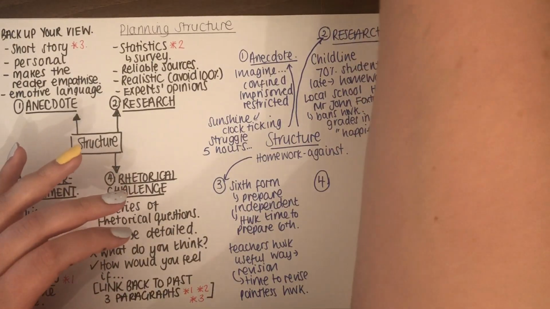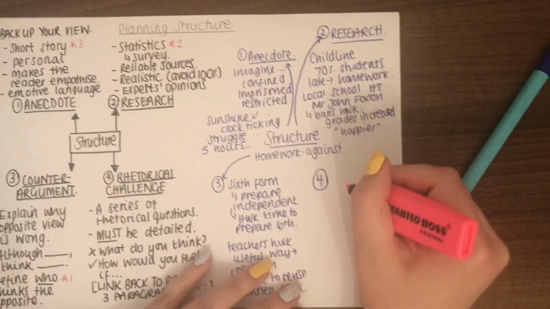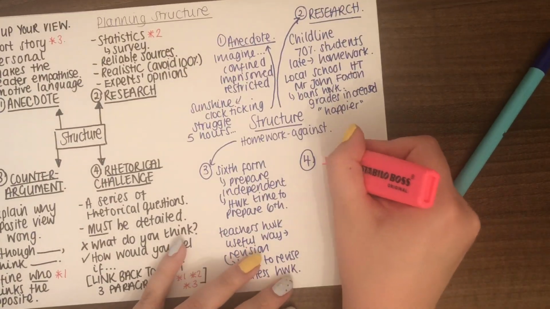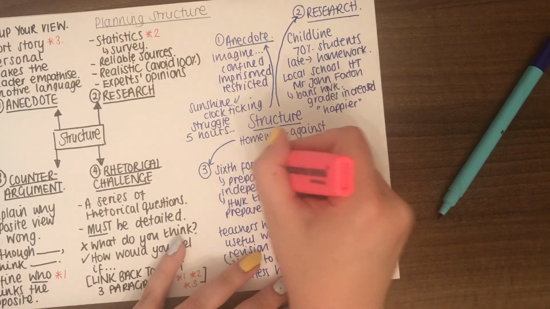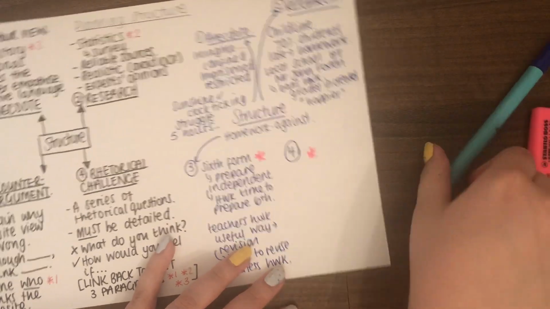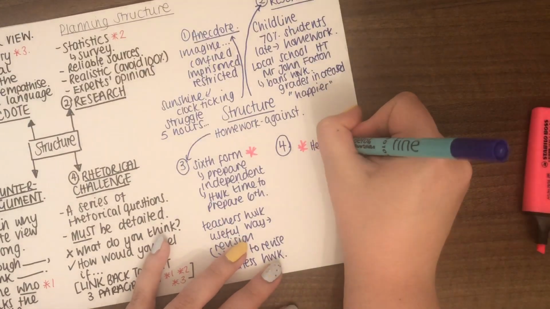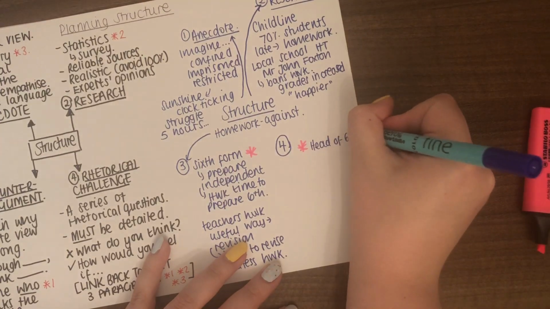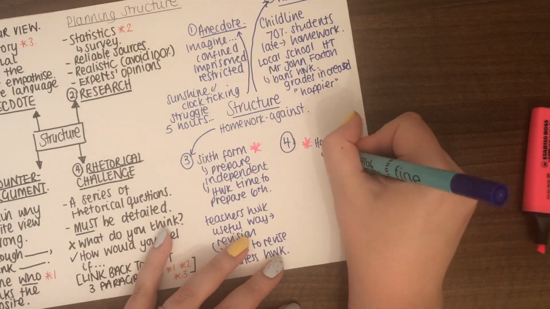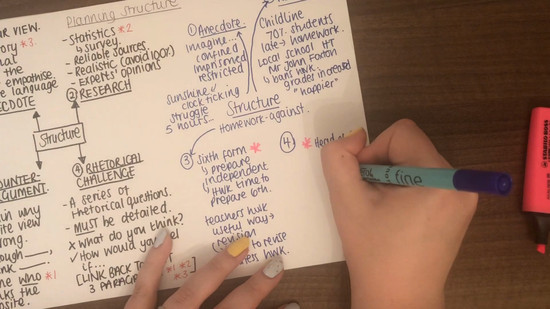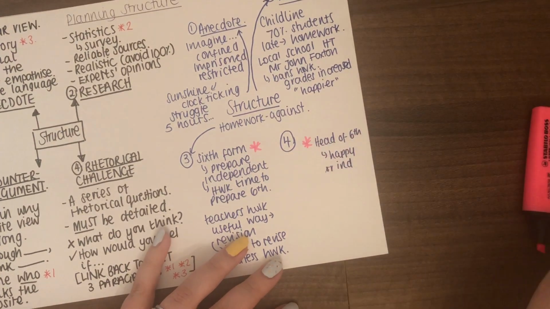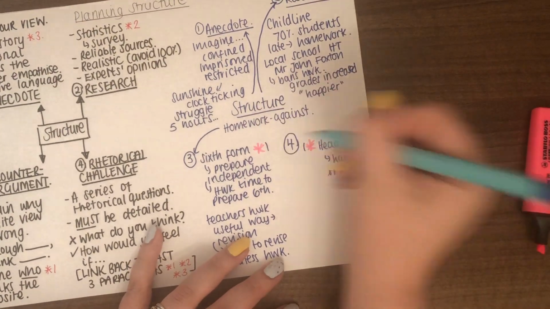So I'm just going to grab a highlighter for myself. So my first one is going to be, if you were head of sixth form, would you prefer your students to be independent or to be successful and happy? So that links back to this one.